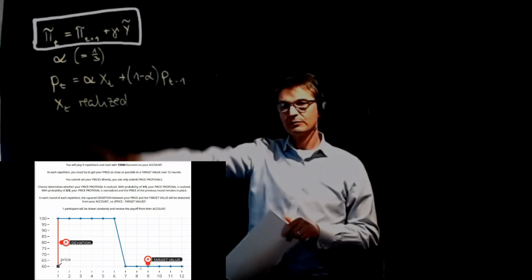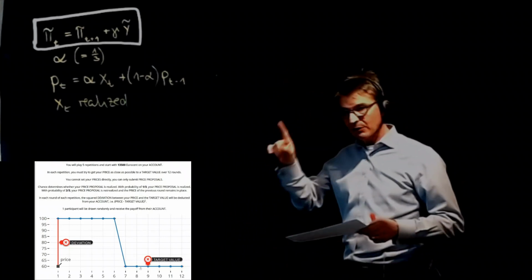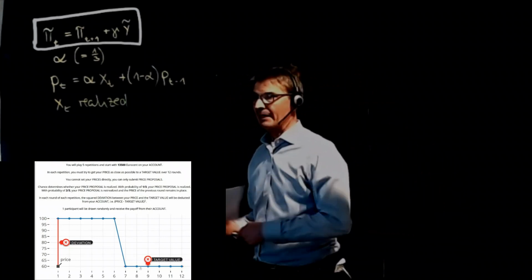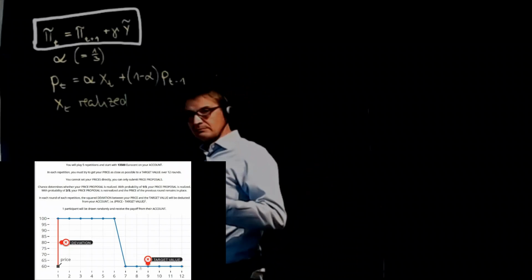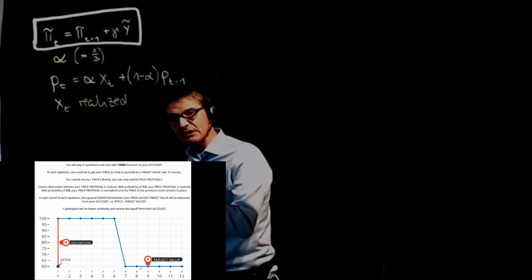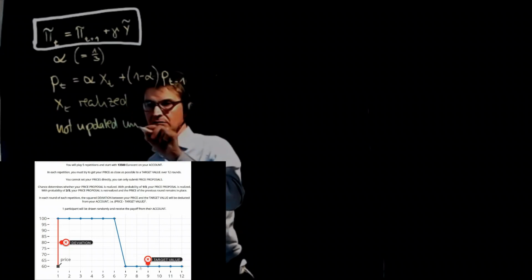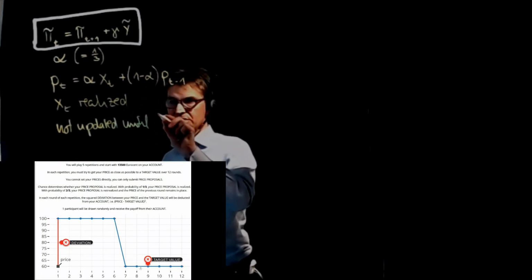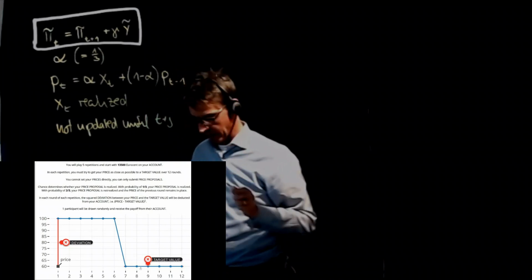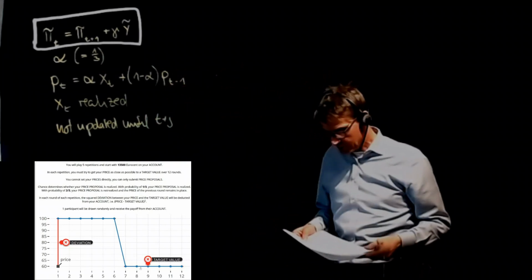So we assume x_t is realized. Now, if x_t is realized, then it might not be updated for quite some time. So it will not be updated until t plus j. So for j rounds, it may not be updated.